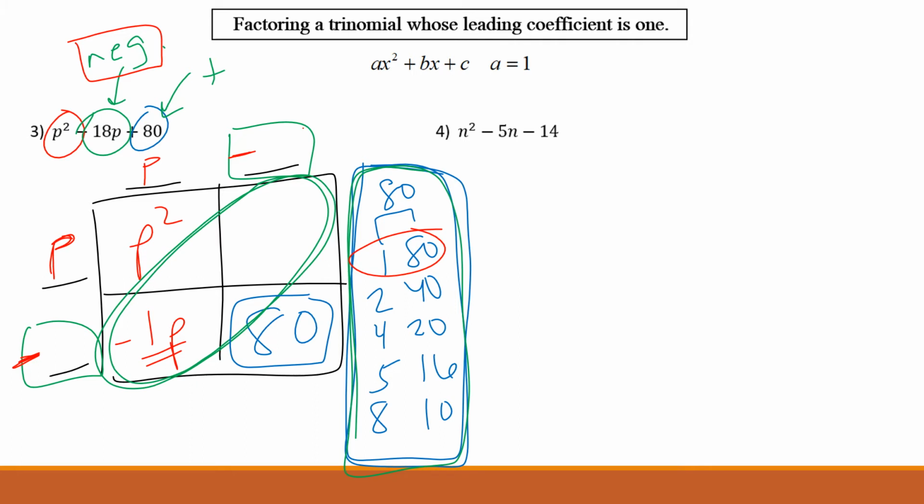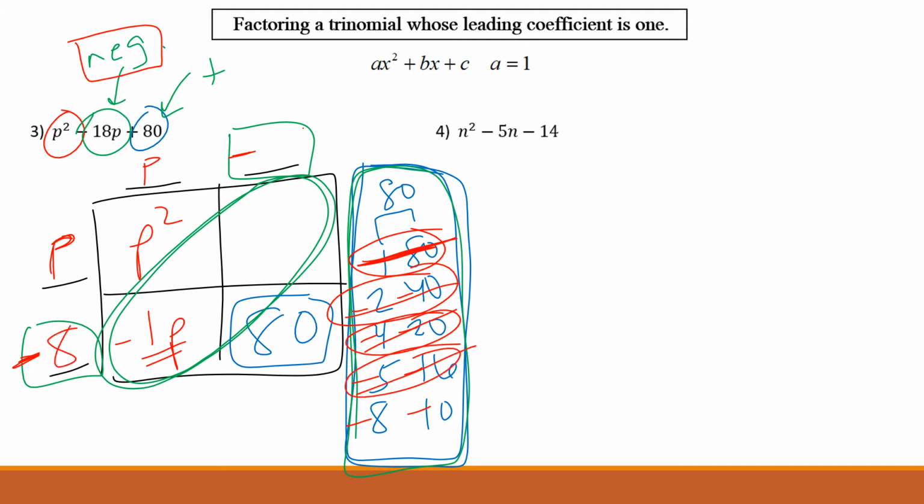And some of you might be able to look at this list of numbers and say right away which of these are going to add up to negative 18. Because again, remember, we know these are all negative. And so as I'm checking these, negative 2 and negative 40 does not add up to negative 18. Negative 4 and negative 20 does not add up to negative 18. Negative 5 and negative 16 does not add up to negative 18.